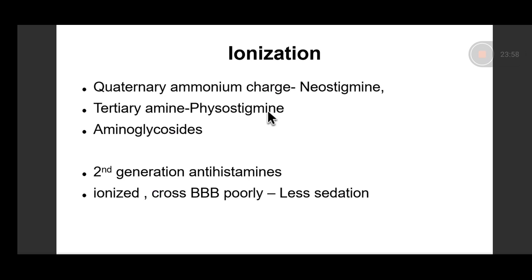So in atropine poisoning, if a cholinergic drug has to be given, we prefer physostigmine and not neostigmine, because physostigmine, being lipid soluble, can cross the cell membranes as well as cross the blood-brain barrier, taking care of the central effects of atropine also.